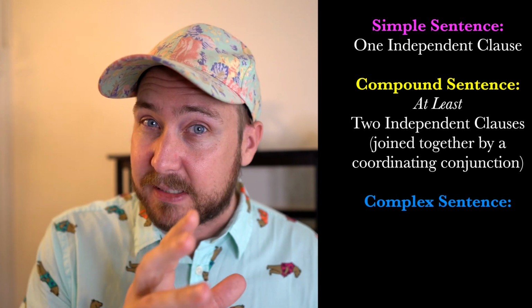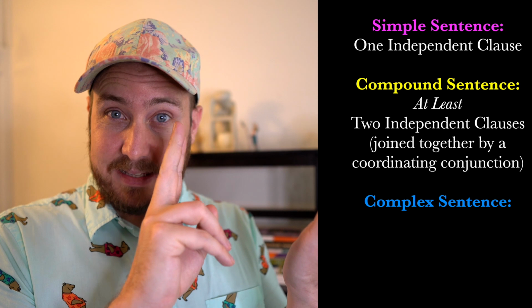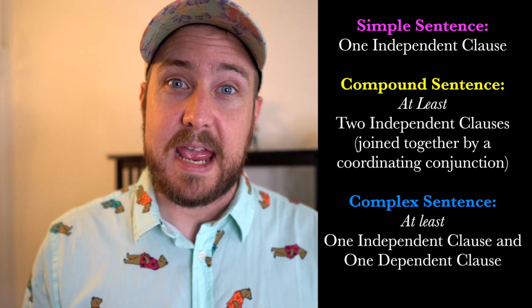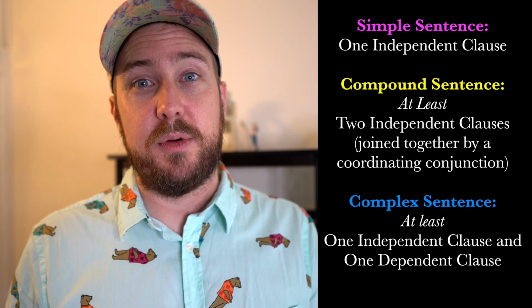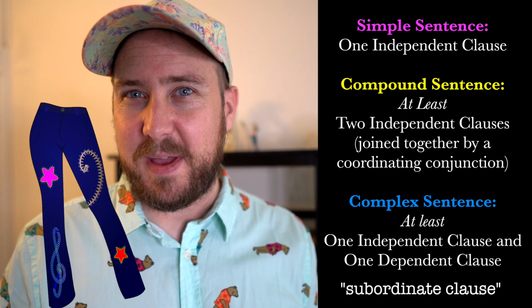A complex sentence contains at least one independent clause as well as a dependent clause, also known as a subordinate clause for all my fancy pants students out there. You know who you are.